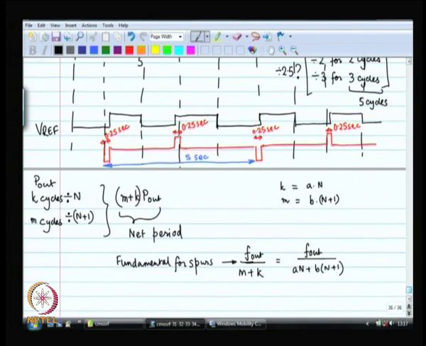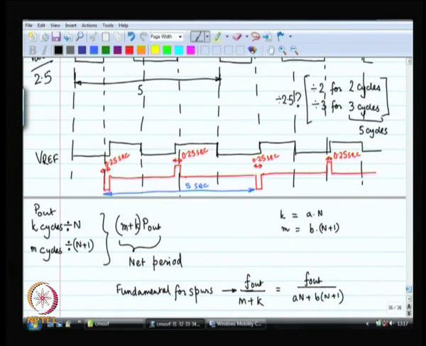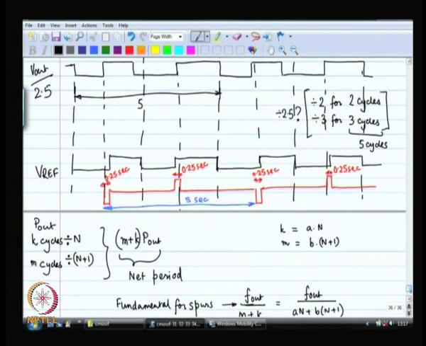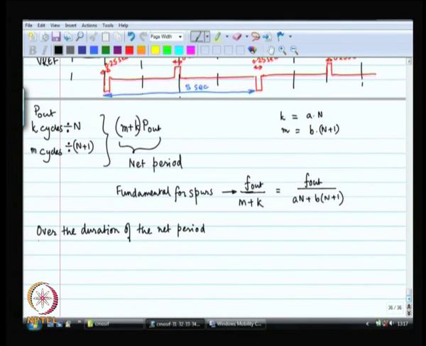Now, over this net period, over the duration of the net period, how many times is the divided voltage going up and down? That is the question. So, as long as I am dividing by n, I am dividing k cycles by n.